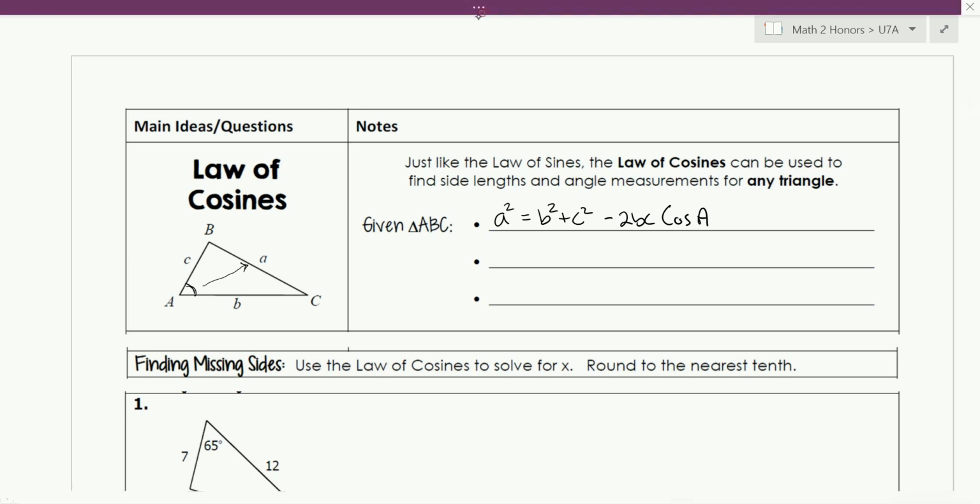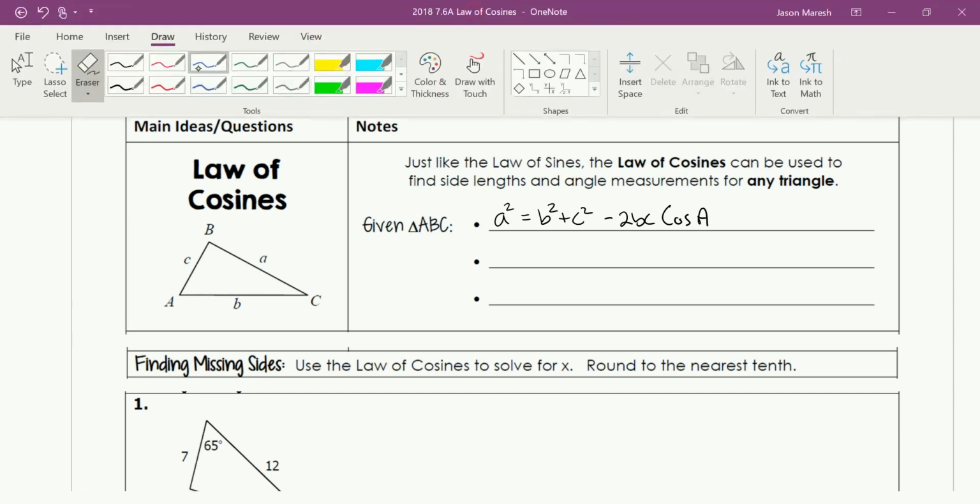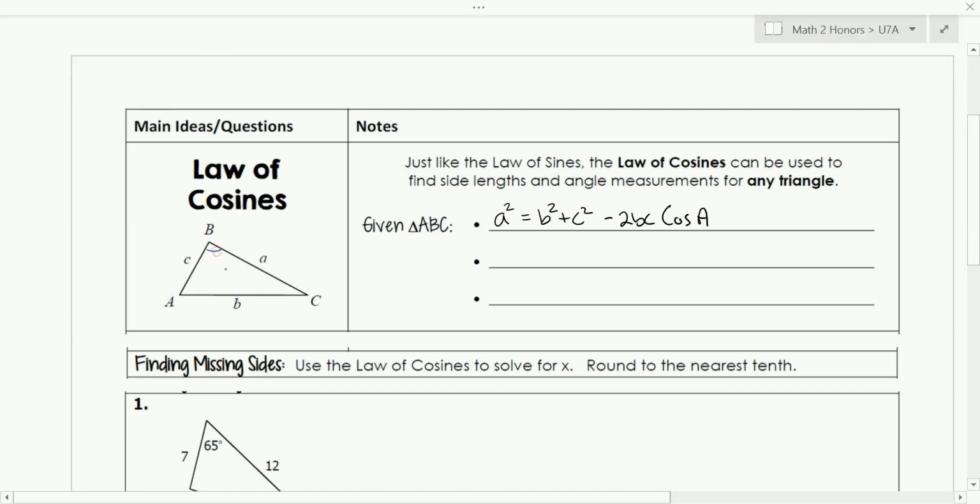Say we weren't looking for angle A or using angle A. Say we're using a different angle. Say we're working with angle B. Then I would start with B, and I'd write B squared equals. See if we can figure out this pattern. A squared plus C squared. Okay, good. Minus 2AC cosine of angle B. Good.